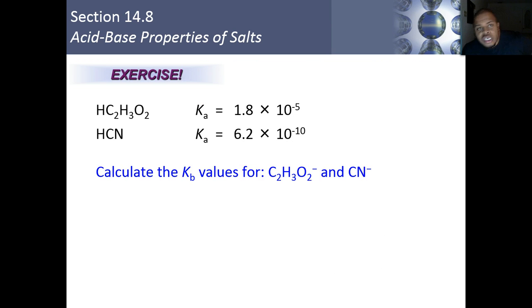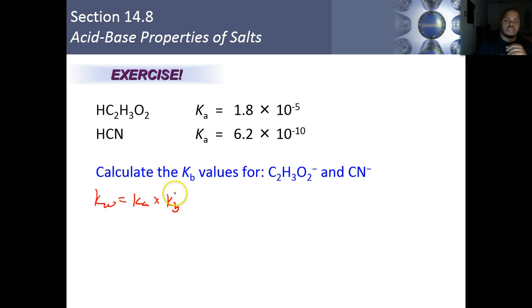Now, let's take a look at the values that we have. It wants us to calculate the Kb values for the acetate ion and for the cyanide ion. The way we're going to do that is to continue to use the relationship we know: Kw equals Ka times Kb. I know Ka and I know Kw, so I'm going to divide.